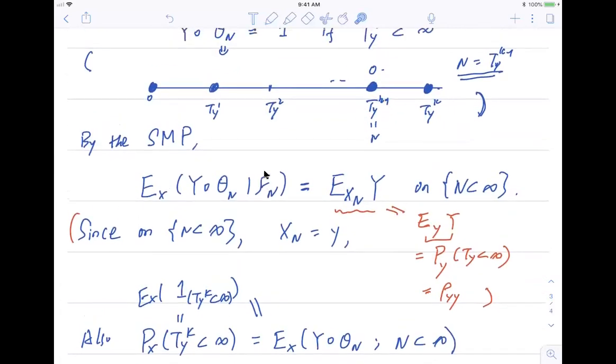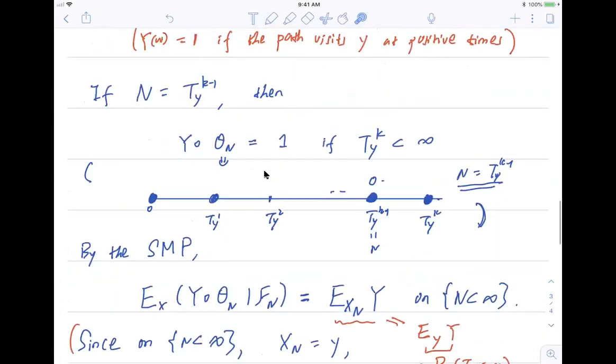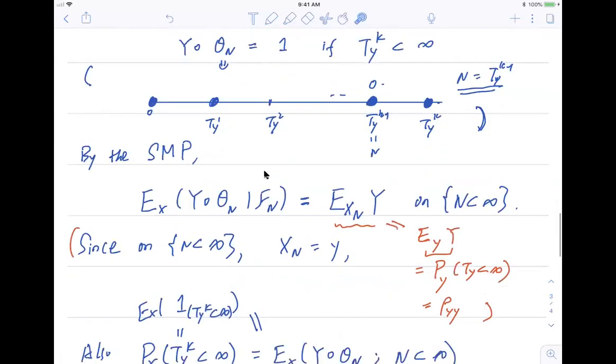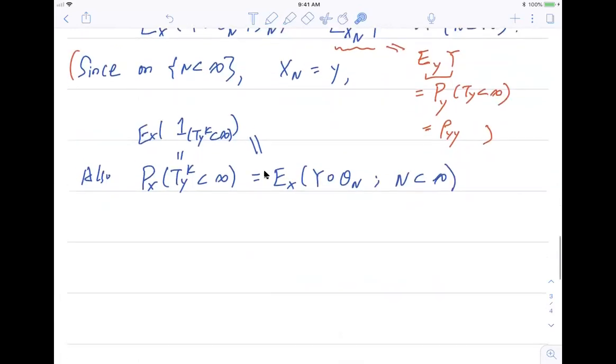Then you have one more visit, so you do the shift and you also get finite. So that's why you end up with the set y. So these two are just equal.